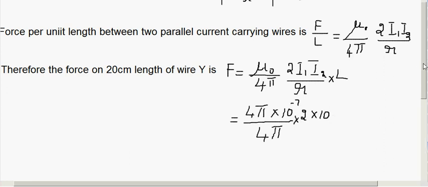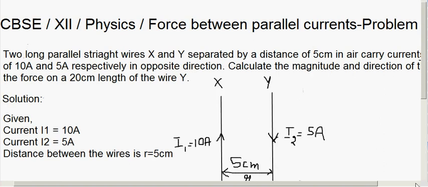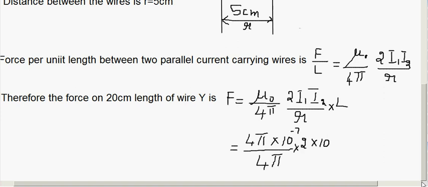If you can recall, I1 is 10 and I2 is 5 and R is 5 centimeter. Divided by R, 5 centimeter, convert that into meter, 5 into 10 to the power minus 2, multiplied by L, which is 20 centimeter of the wire, 20 into 10 to the power minus 2.